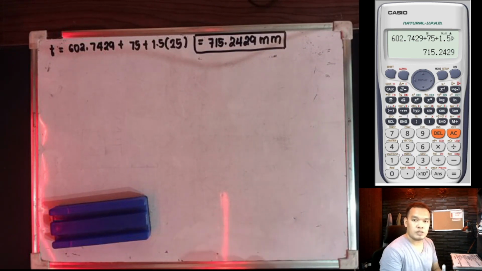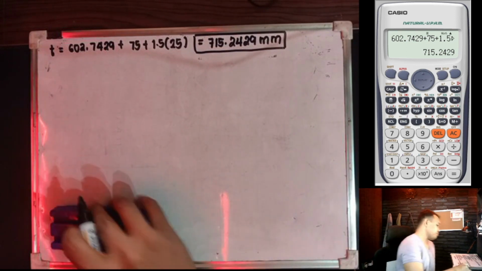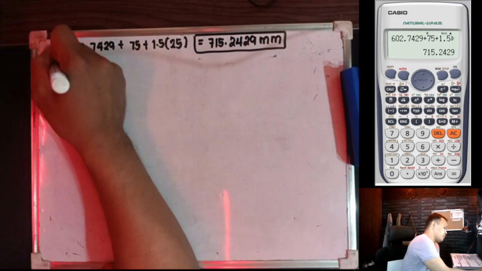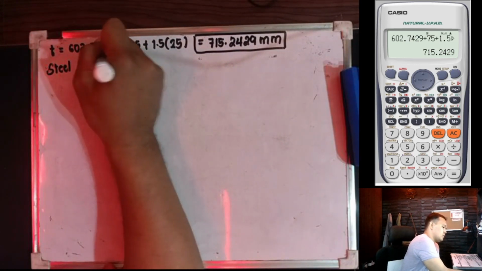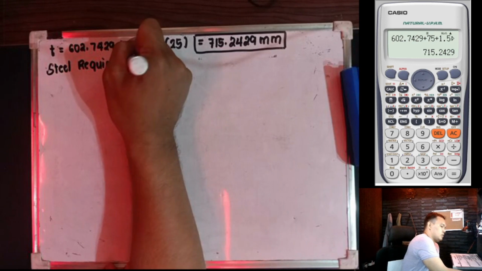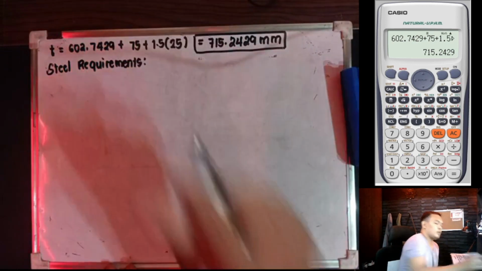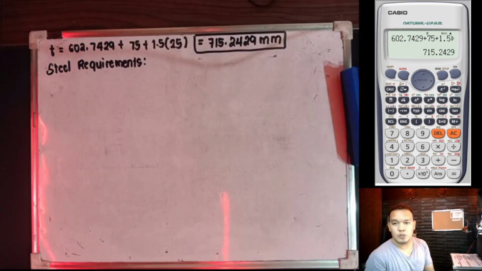the steel requirements, no? So we have here steel requirements. Okay, kapag pinag-usapan natin si steel requirements when it comes to rectangular footing din, mayroon tayong dalawang side pa rin, no? Kasi nga magkaiba yung MU ng bawat face, no? Yung sa along long and along short side na requirements natin.